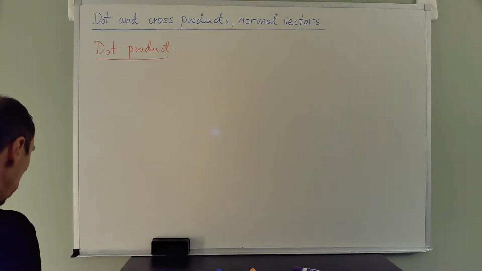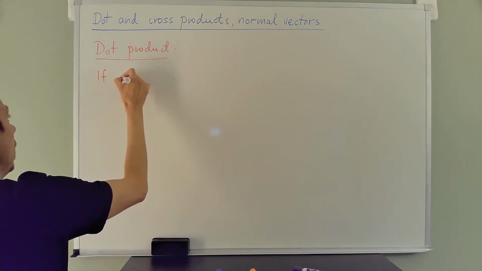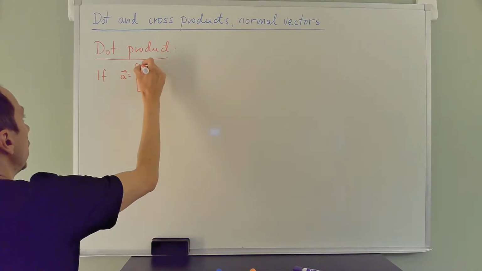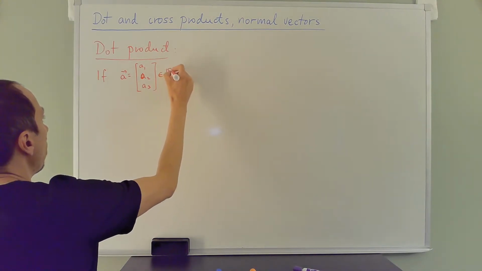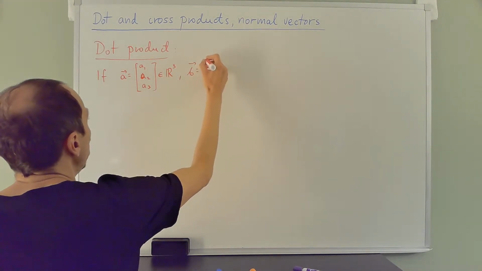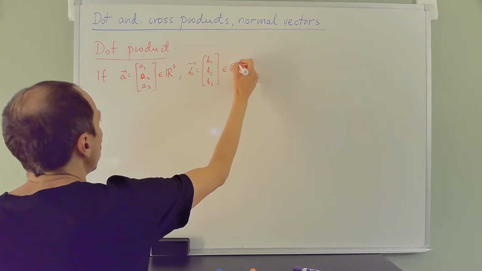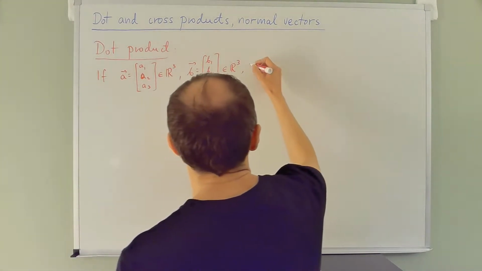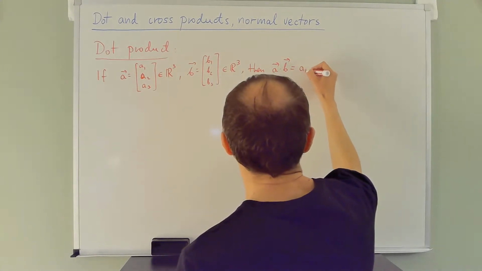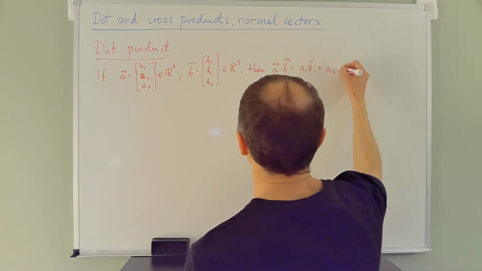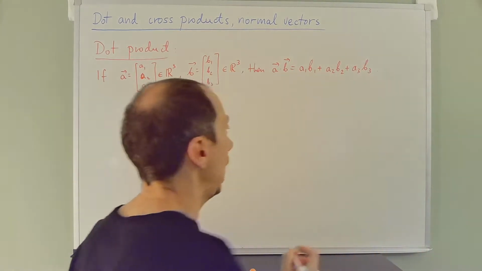So this is all happening in R3. So if I take two vectors in R3, so if A has coordinates A1, A2, and A3, and B has coordinates B1, B2, B3, then the dot product is just what you get when you multiply the corresponding coordinates and add them.